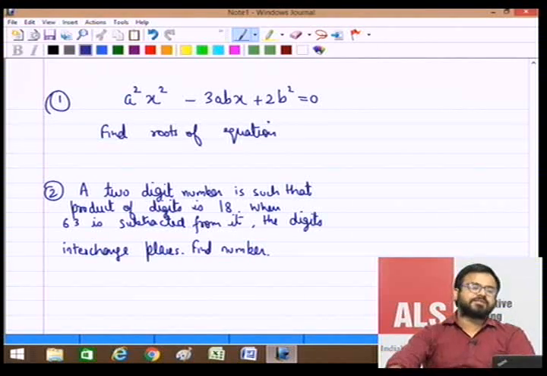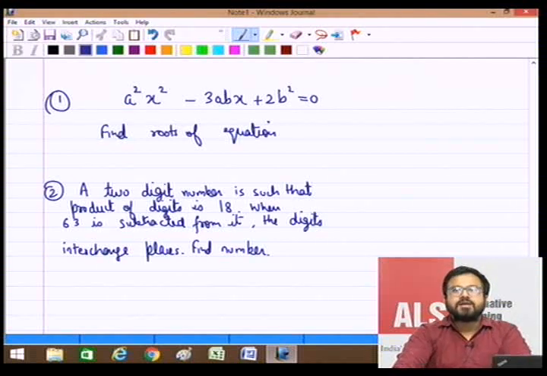It says there is a 2-digit number such that the product of its digits is 18, and when 63 is subtracted from that number, the digits get reversed, or the digits interchange their places. Find the number.